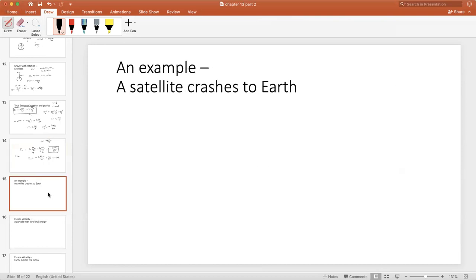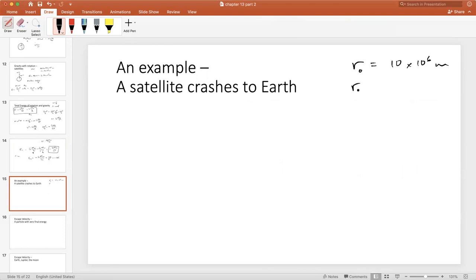So imagine we have this satellite that was at an original radius of, let's say, 10,000 kilometers. So it's at 10 times 10 to the 6 meters initially. And we're going to bring it down from there.